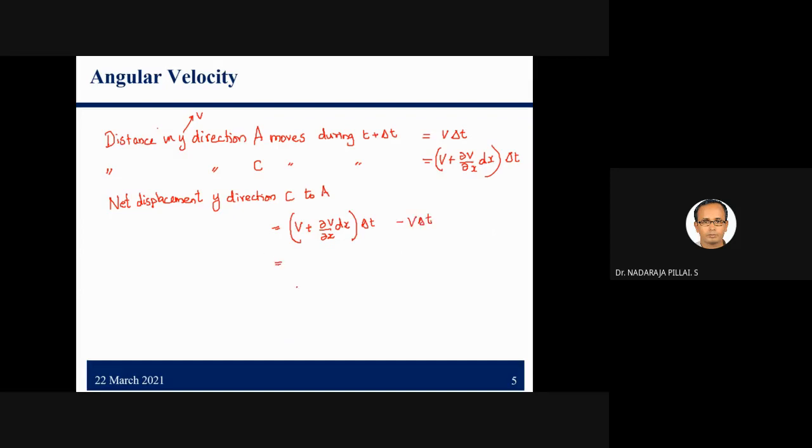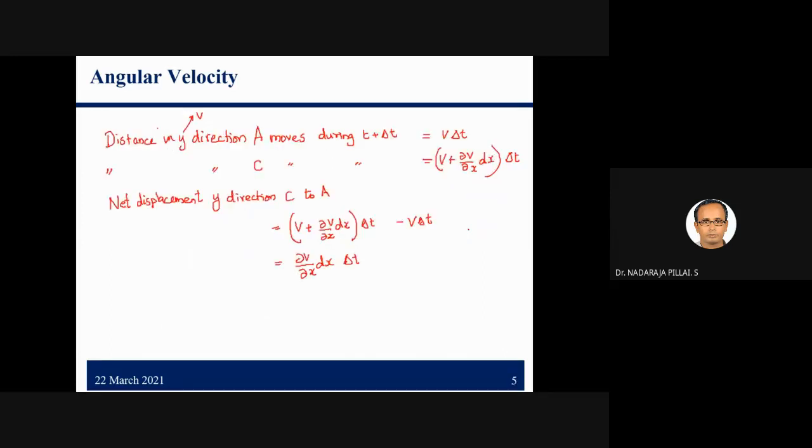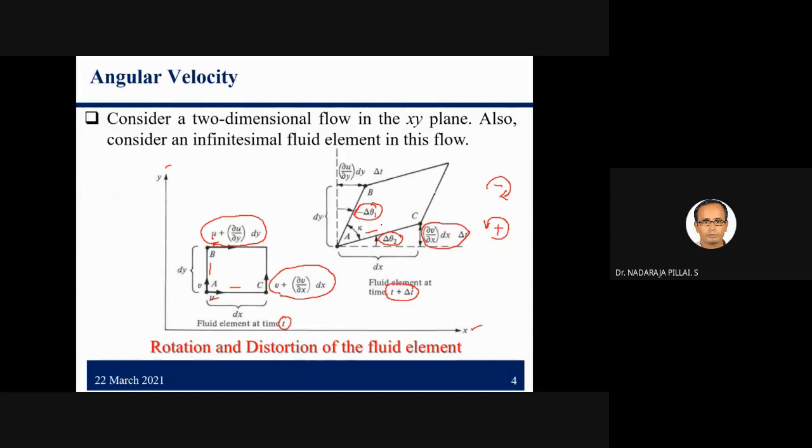So we can finally arrive at dou v by dou x into dx into del t. That is what we have mentioned here. So this is the net displacement in y direction of C, which is relative to A.